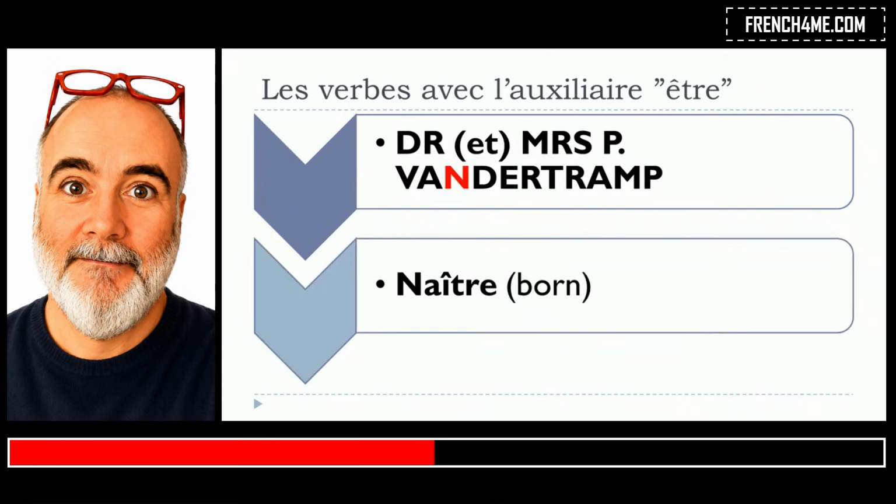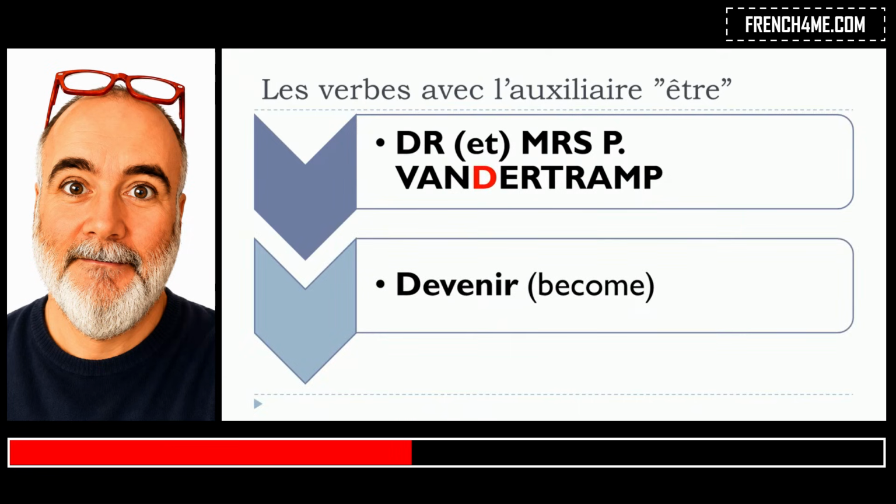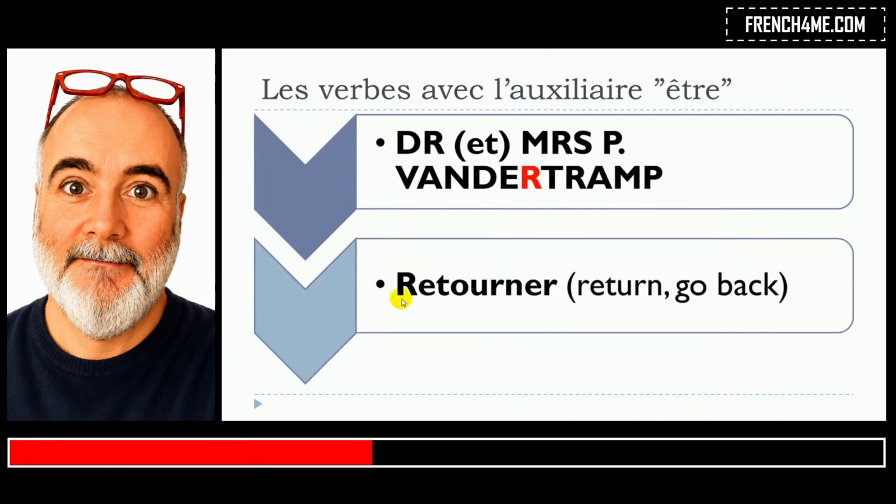N, naître. Naître. Then you will have D, and that will be for devenir. Devenir. E, entrer. Entrer. Then R for retourner.